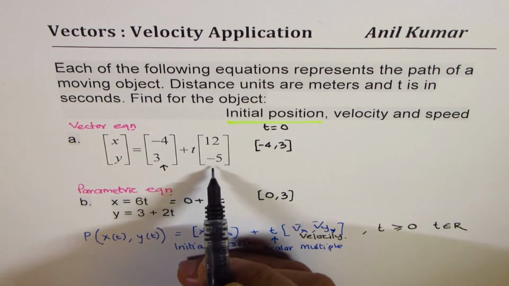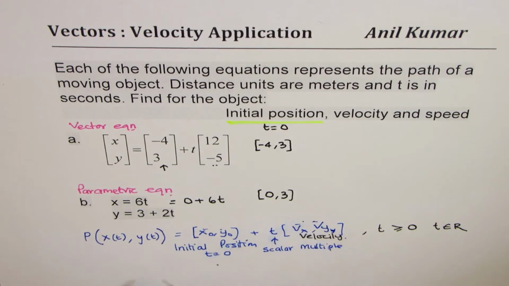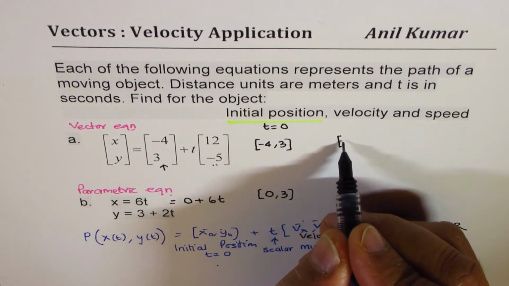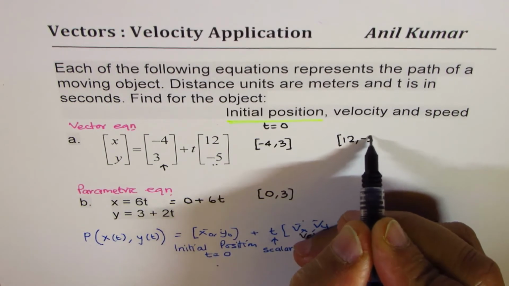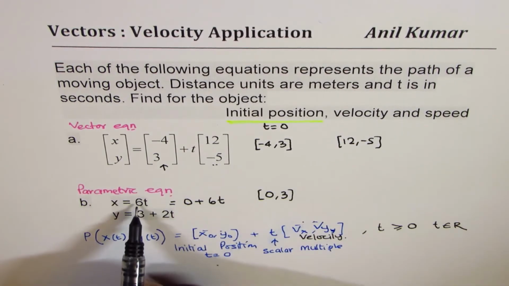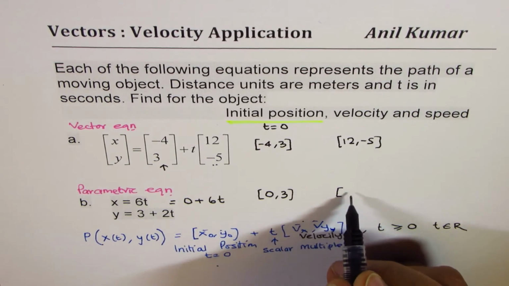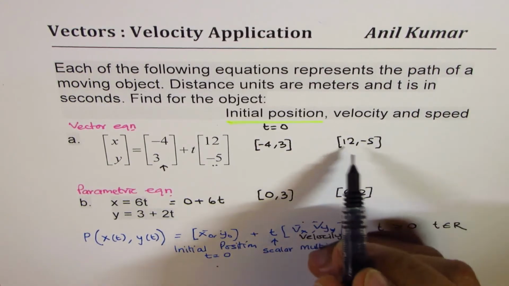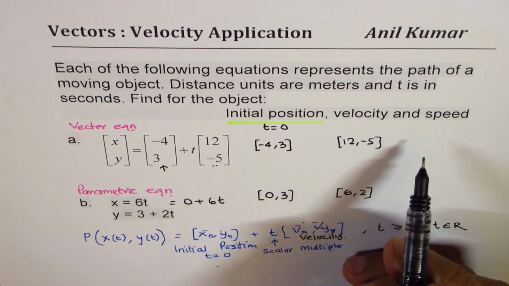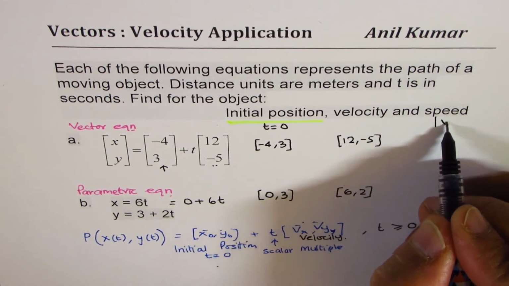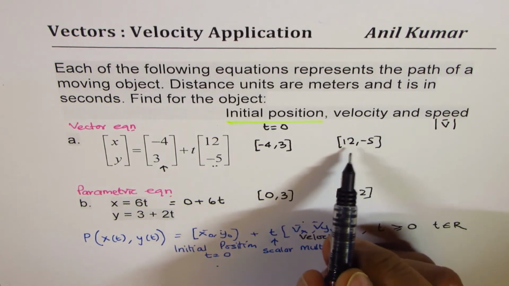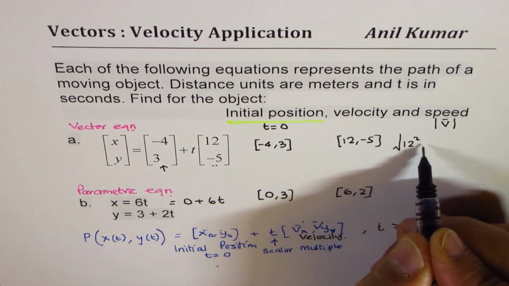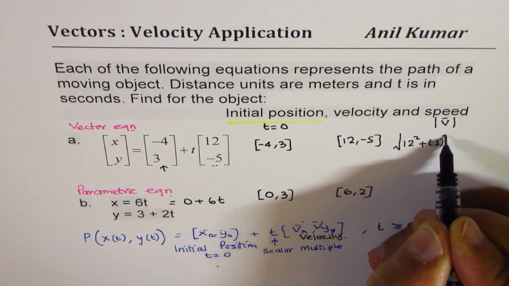Now the velocity vector is right there. This is your velocity vector. So the velocity is given as 12, minus 5. Here it is 6, 2. Speed is the magnitude of velocity, right? So we'll find the magnitude as square root of 12 square plus minus 5 square.